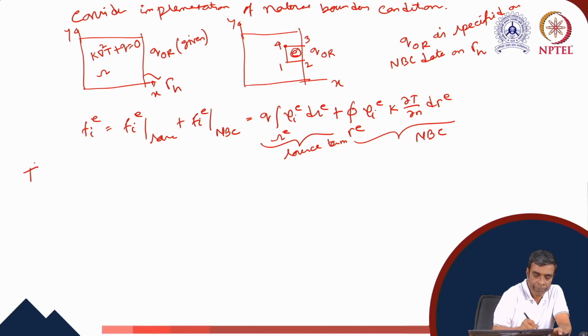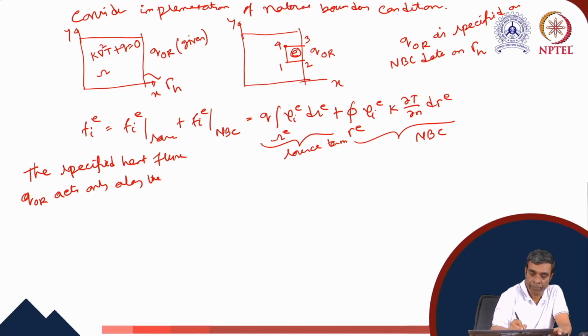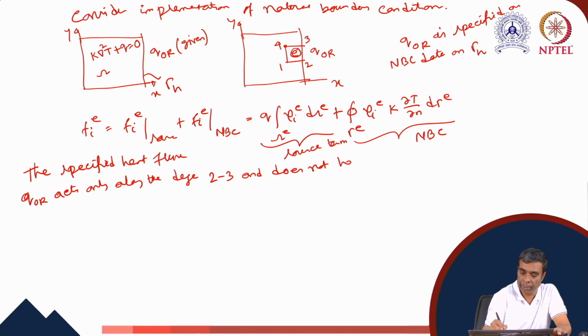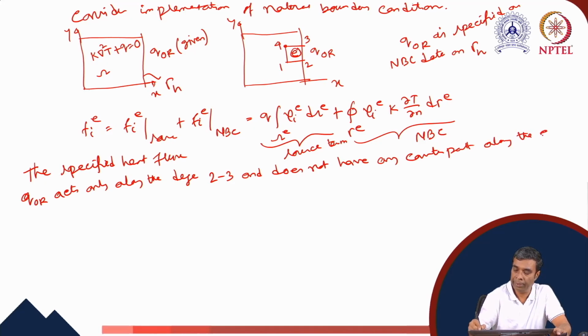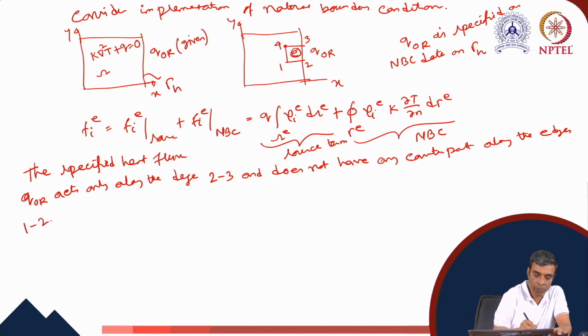So specified heat flux Q0R acts only along the edge 2, 3 and does not have any counterpart along the edges 1, 2, 3, 4 and 4, 1.